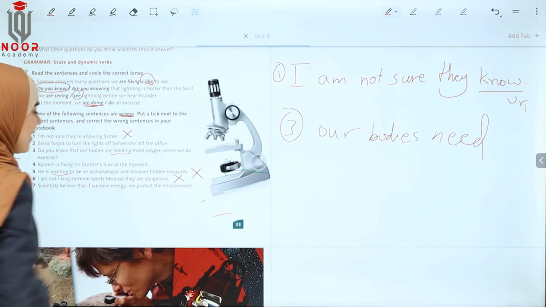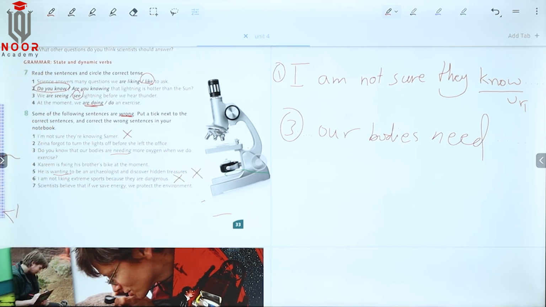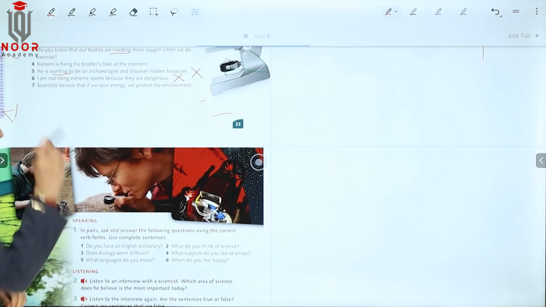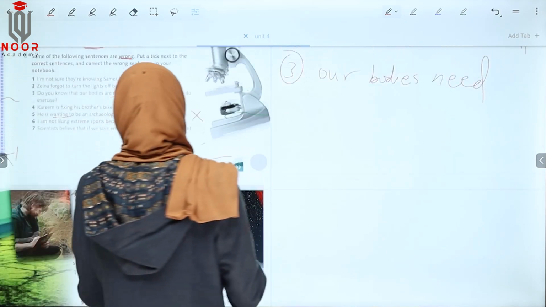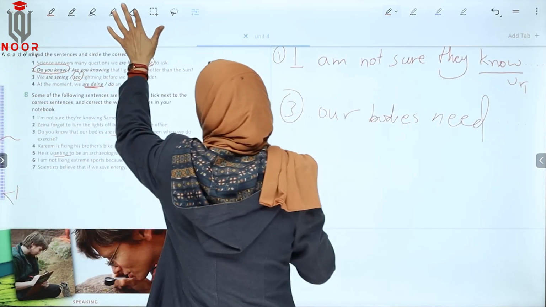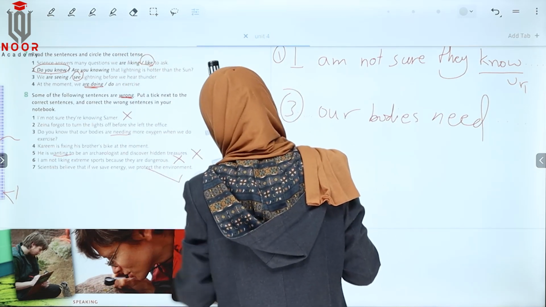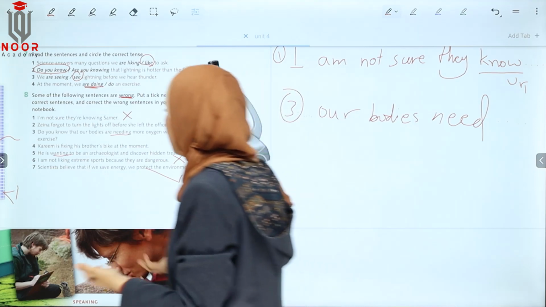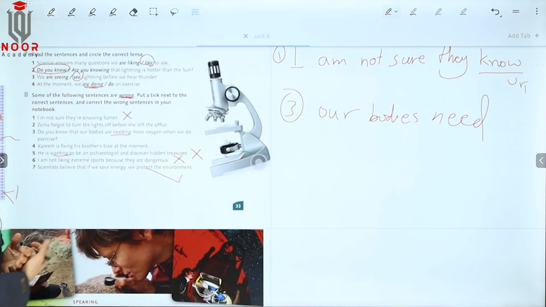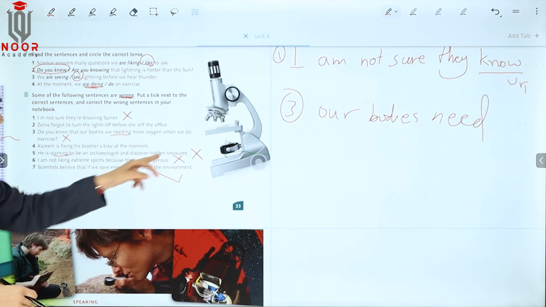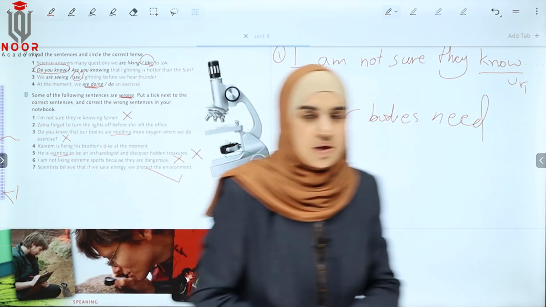And also here, X. Scientists believe that if we save energy, we protect the environment, which is a very good sentence. So we have here some wrong. This is wrong also. So we have 1, 2, 3, 4 wrong sentences and rewrite them.